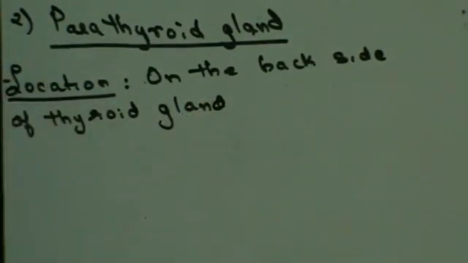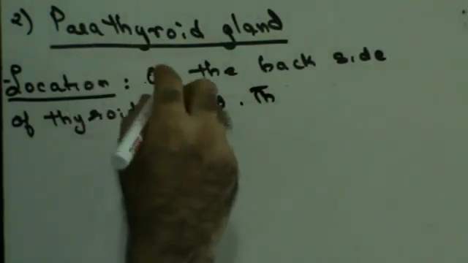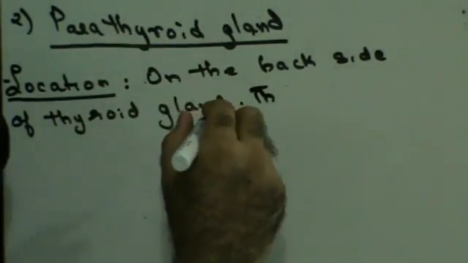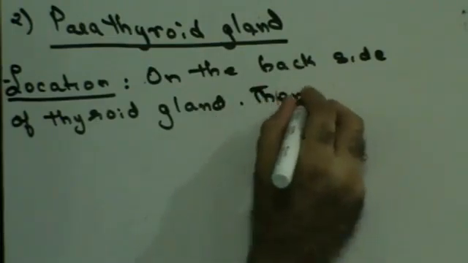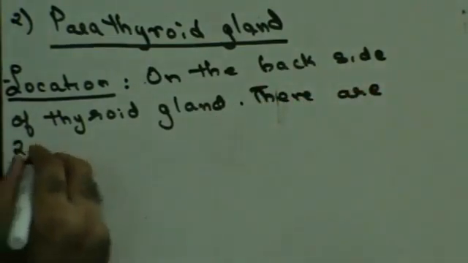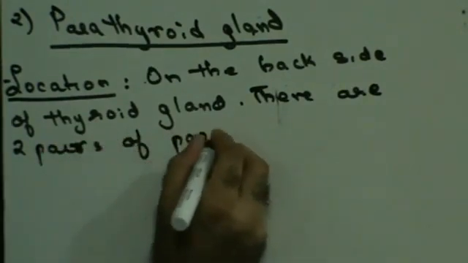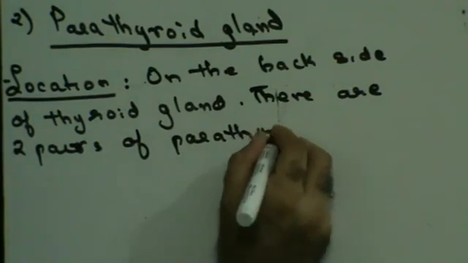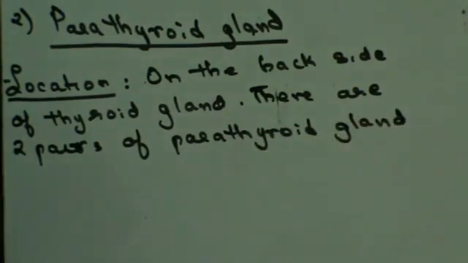That's where they are located, right? There are two pairs of parathyroid glands present, one on each lobe.